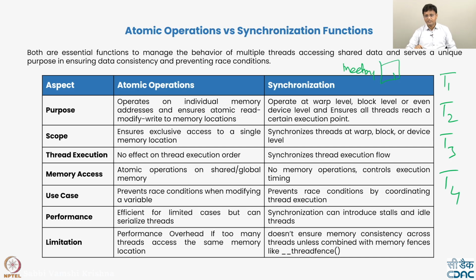When team 1 says, okay, I have completed my meeting, this is free, then another team can take it. So, any one of the other 3 who is available can occupy that meeting room. That is the activity of an atomic operation.